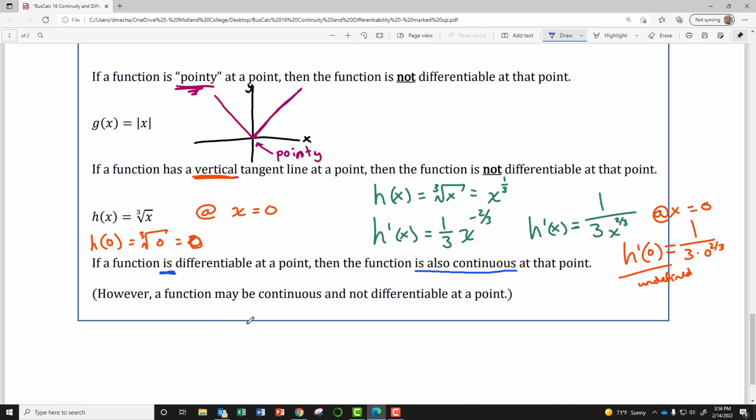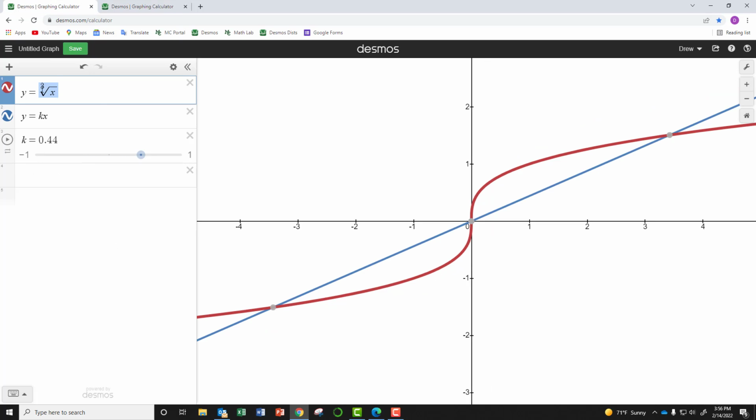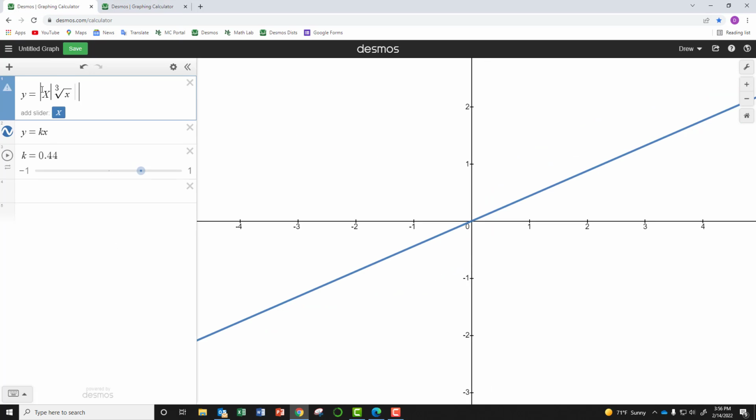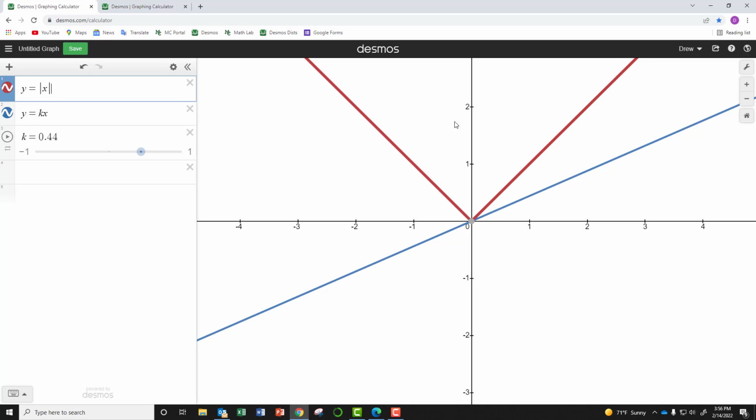It's possible to have a continuous function that is not differentiable. Just like this red curve is a continuous function everywhere, but it's not differentiable at x equals 0. And the absolute value of x function is the same way, right? It's continuous everywhere, but it just wasn't differentiable at the origin.